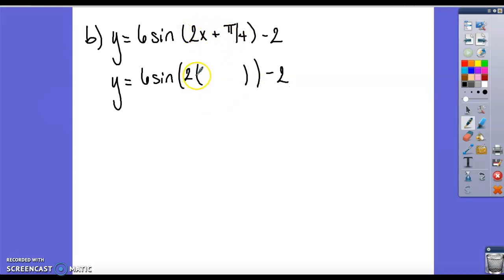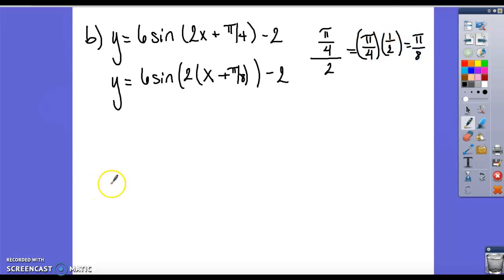Factoring means dividing. So I'm taking 2x divided by 2, which is 1, and that's what I want. I want this coefficient to be 1. Pi over 4 divided by 2 is pi over 8. Remember, we take the numerator and multiply by the reciprocal of the denominator. It's pi over 8. So here's my A, here's my B, here's my H, here is my K.